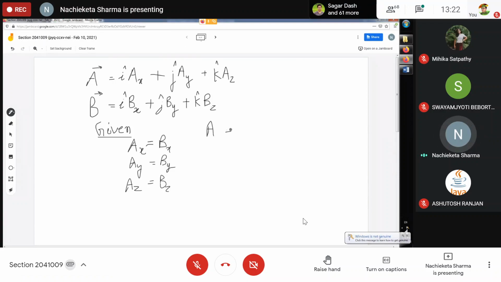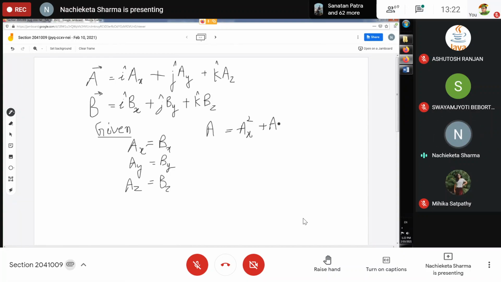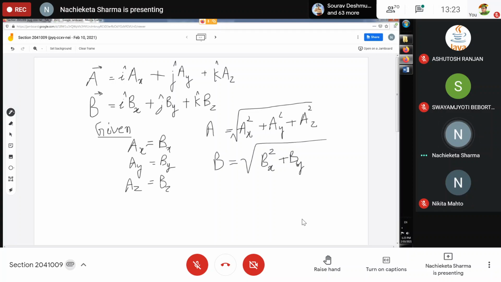A is equal to square root of AX square plus AY square plus AZ square, and B is equal to similarly square root of BX square plus BY square plus BZ square. Okay.